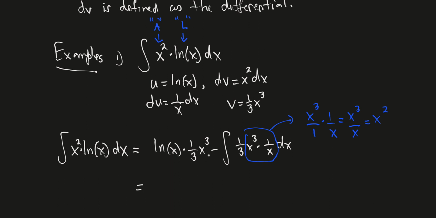Now, the way I normally write this, just to make sure that we're not tempted to do any kind of invalid multiplication here, I tend to put first the constant, then the polynomial, then the logarithmic function. And the same thing would be true if it was a trigonometric function or an exponential function.